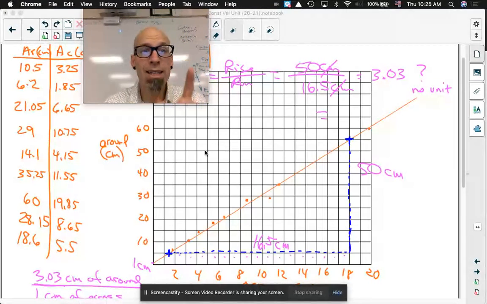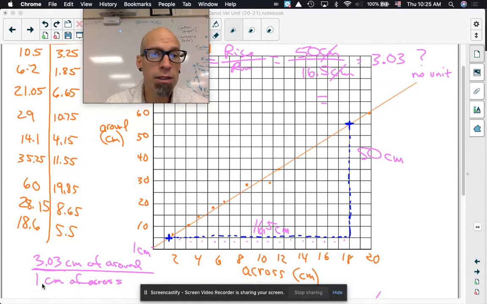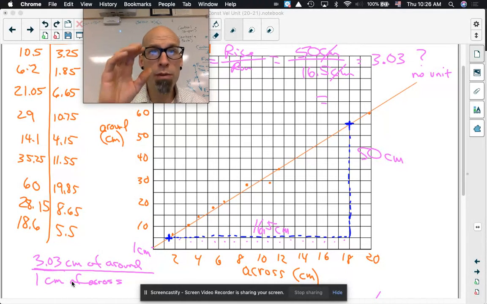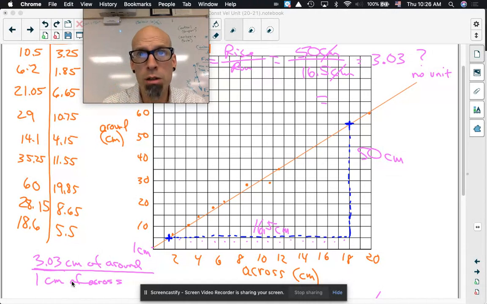Now, one thing I did is I wrote it out a little differently. I said, what if it's 3.03 centimeters of around for every 1 centimeter of across? Well, that makes more sense. If you add the around and the across to the explanation, well, that makes more sense.